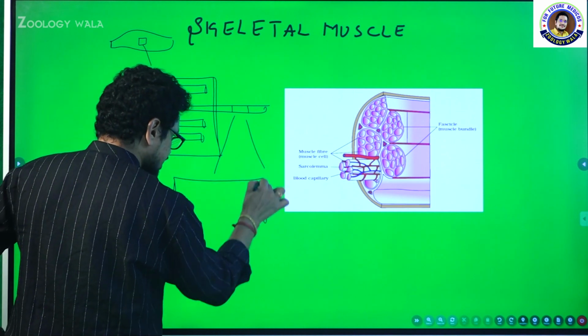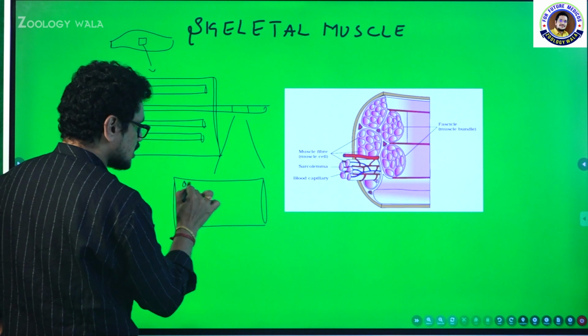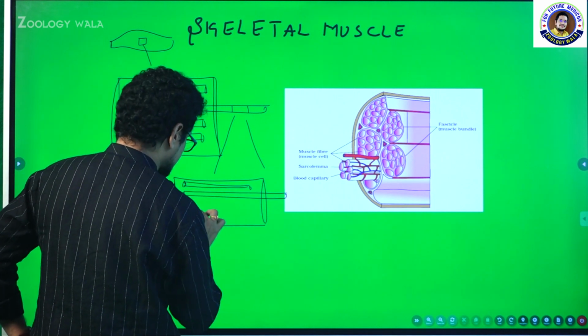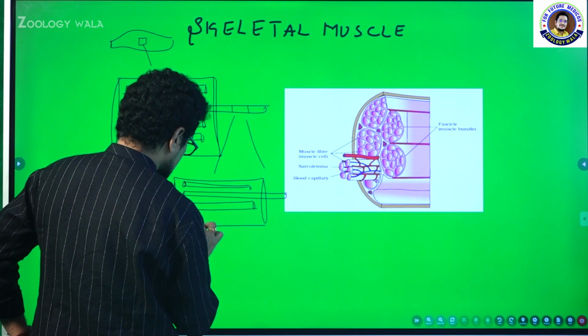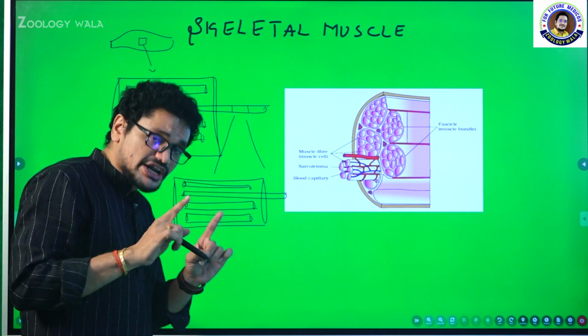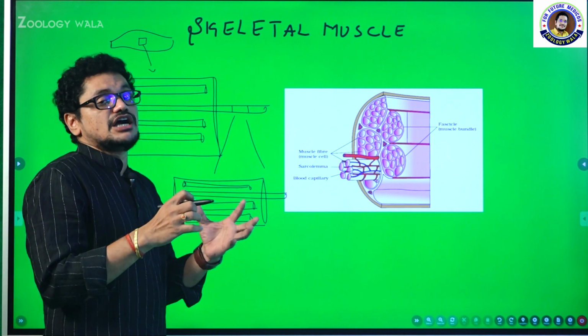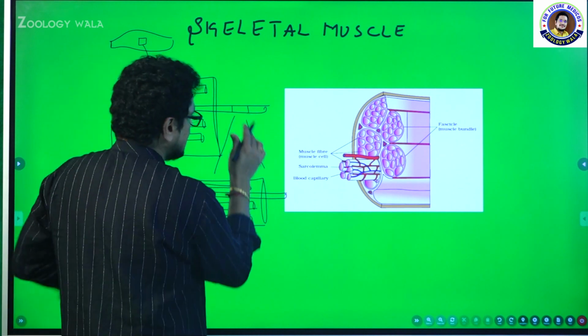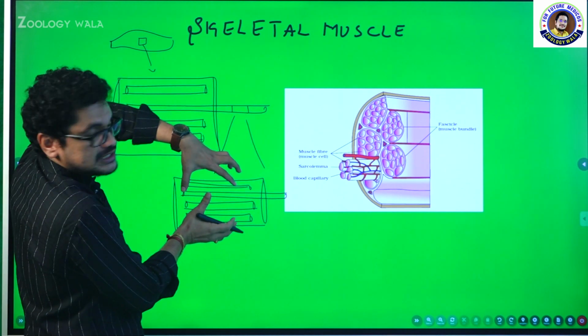The muscle contains fibers, and the fiber contains a number of fibrils. These are all fibrils which are present inside the fiber like this. The same point I am repeating because you should not get confused: the muscle contains fibers, and each fiber contains a number of fibrils.